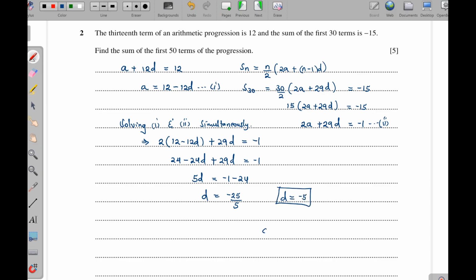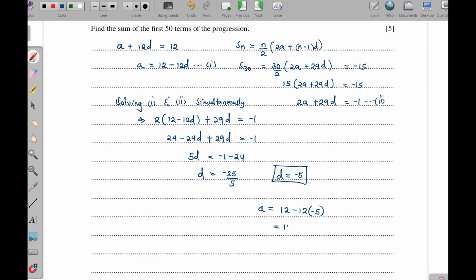Now, what is our a? Our a is 12 minus 12d, where d is negative 5. Now here we shall have 12 plus 12 times 5, that will be 60. So our a here is going to be 72, right? And then the sum of the first 50 terms that they want us to find is going to be 50 over 2 into (2a plus (50 minus 1) times d).